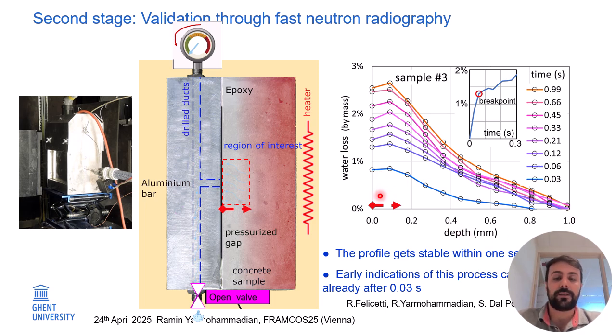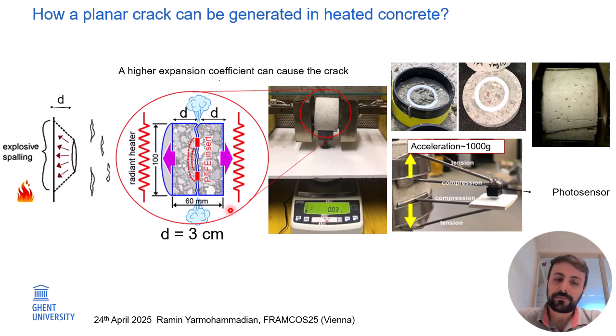So the next step would be how we can see it in real life, because here it is a sealed gap. We wanted to crack a concrete and then see how a real crack in concrete acts in instability. So what we did is we inserted a material inside the concrete while batching, which has higher thermal expansion.